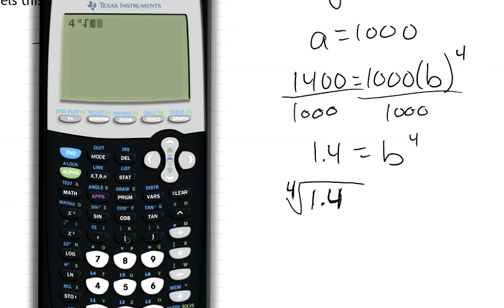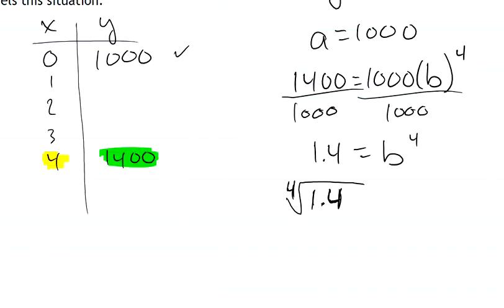And then inside of parentheses, I need to put the 1.4, and I'll close it and press enter. When I do that, I get 1.087. So I'm going to say that B is approximately 1.087.